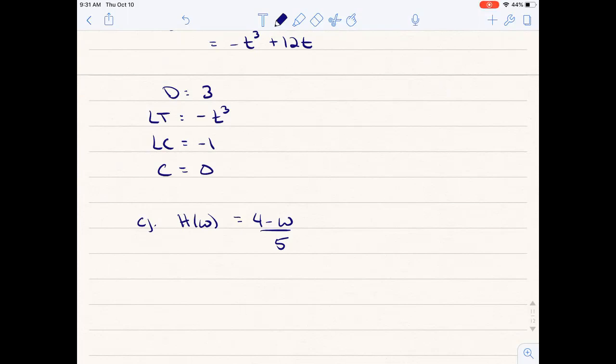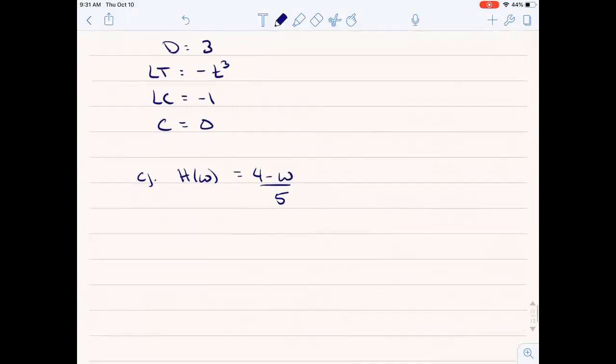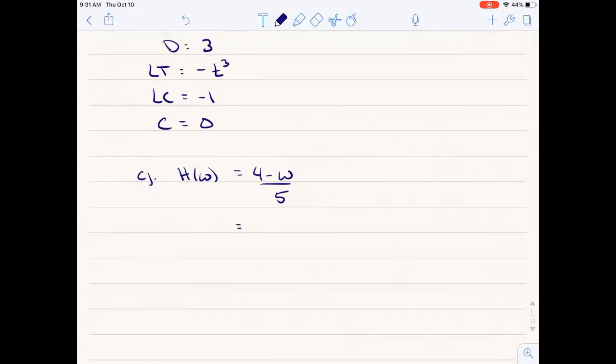But when we have, then we can list them in order of decreasing powers of w, and then we can identify the degree, the leading term, the leading coefficient. So as easily as we brought these two fractions together, we can pull them apart. We can say, well, 4 over 5 minus w over 5, right? As long as they both stay over 5, it's safe.